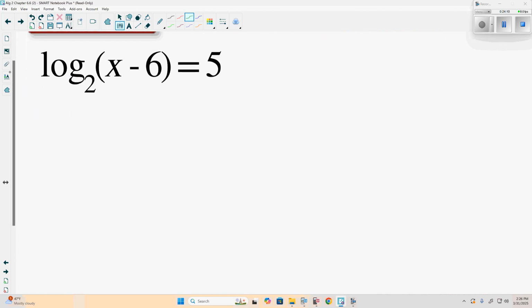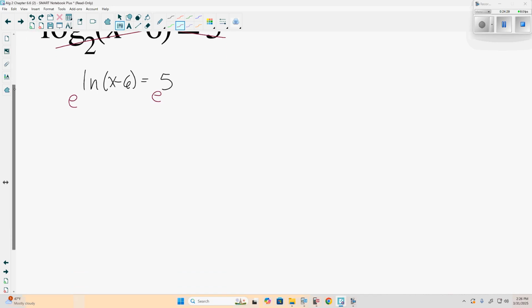Here, let's switch this up. Let's say ln of x minus 6 is equal to 5. Because if we used ln instead of log base 2, we would put both sides to the base of e. And here, e and the ln would cancel, telling us x minus 6 is equal to e to the 5th.